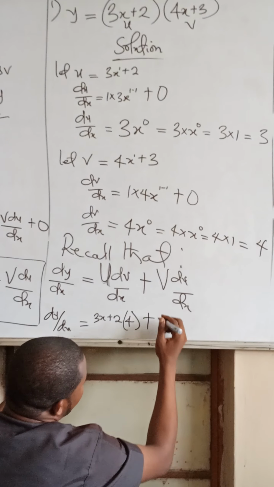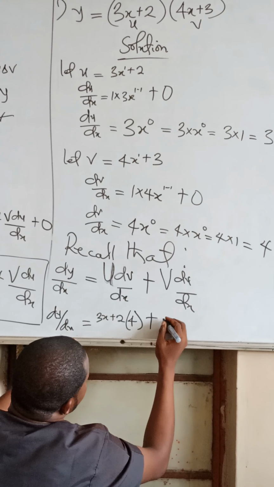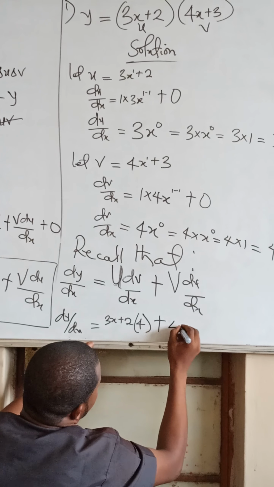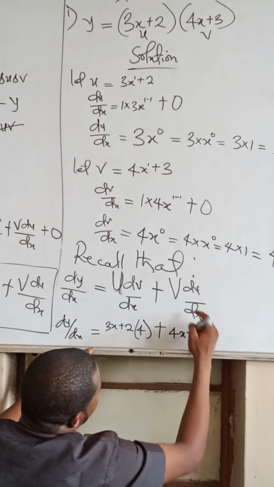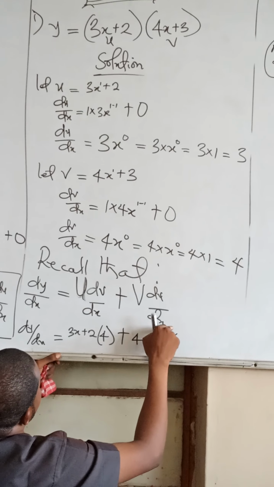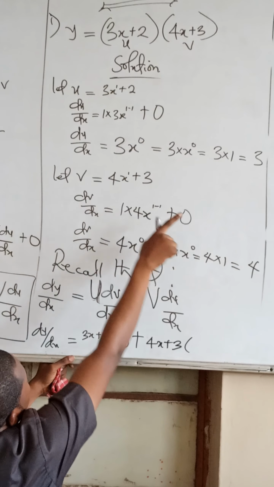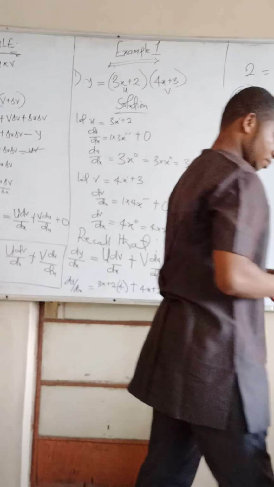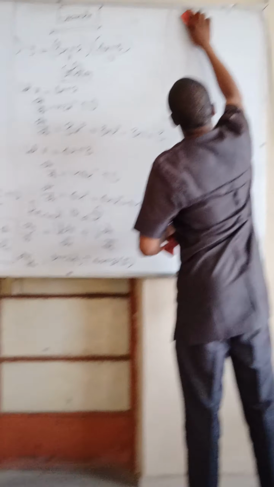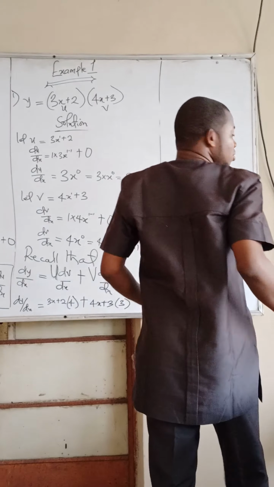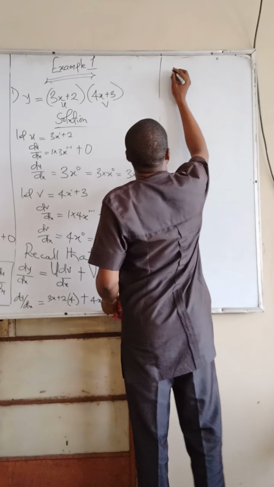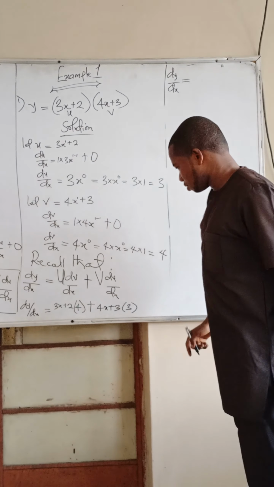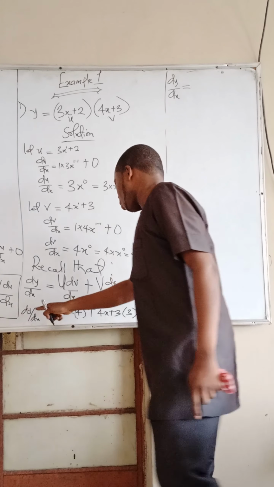So from here we have v. Our v is... from here, we have dy/dx.